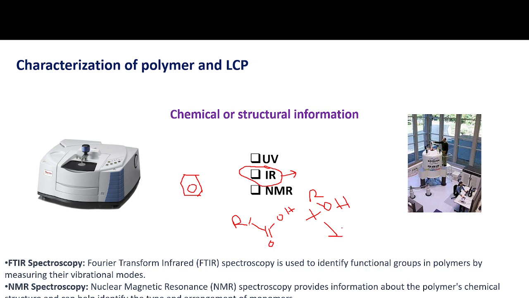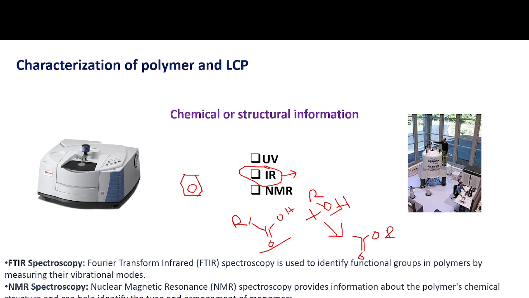If we do IR spectroscopy of the acid and the alcohol, and then IR spectroscopy of the polymer, in all cases we get different stretching frequencies of the carbonyl bond, because the carbonyl stretching frequency depends on what functional group is attached to the side chain. For the acid case, maybe it is in conjugation, so the IR stretching frequency is different.